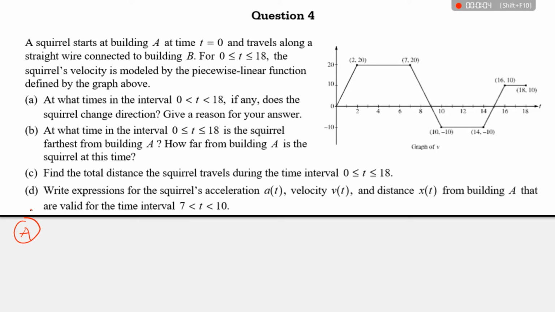So the velocity versus time graph, right? Yes. It changes direction at t equals 9 and 15, because at those times the velocity is 0, which means stop, and it changes sign from positive to negative.